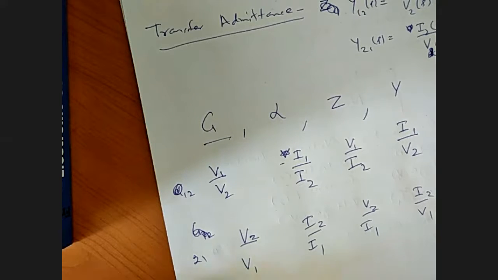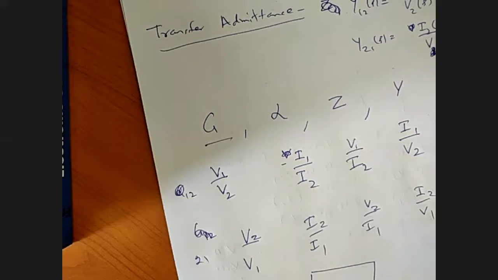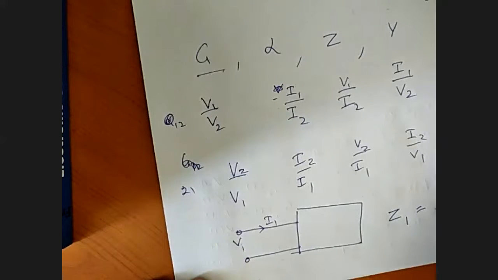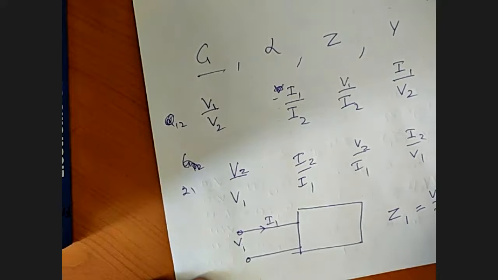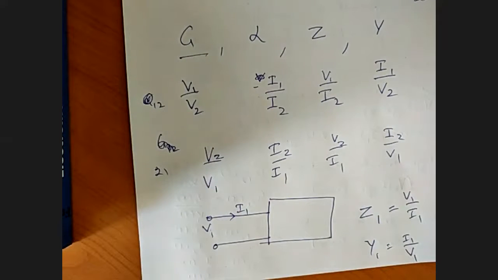Generally, what you have studied so far is that we have V1 and we have I1, and you studied Z1, that is V1 upon I1, and Y1 equal to I1 upon V1. And in this case, you don't have a transfer function because you don't have a second terminal.